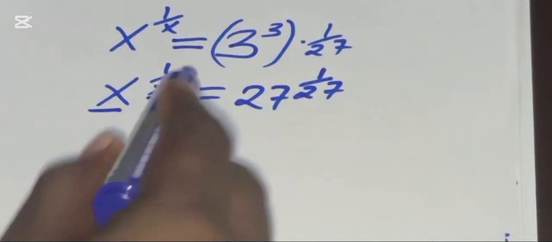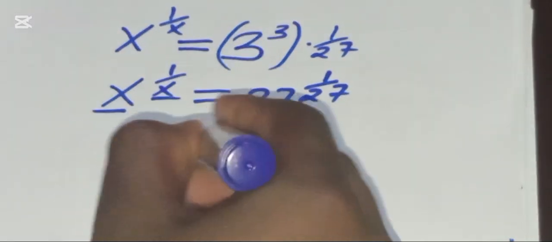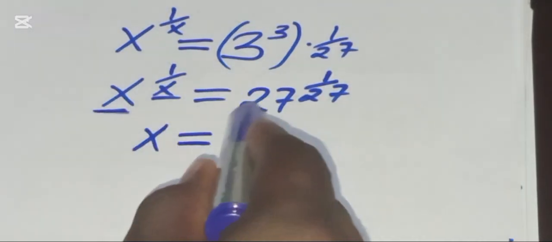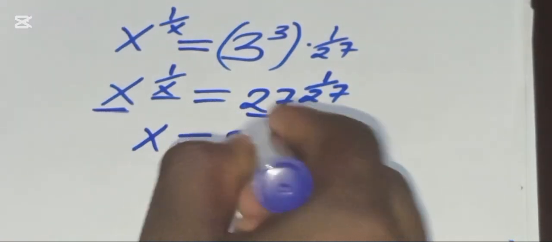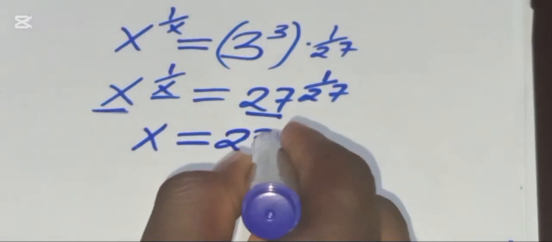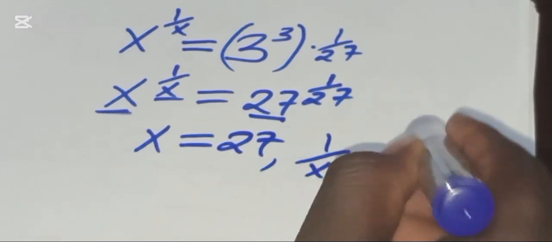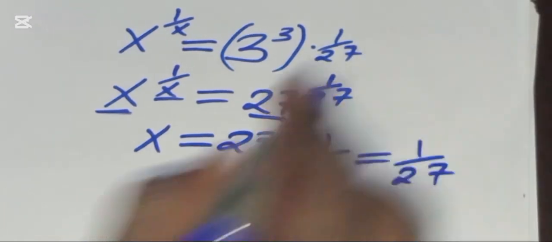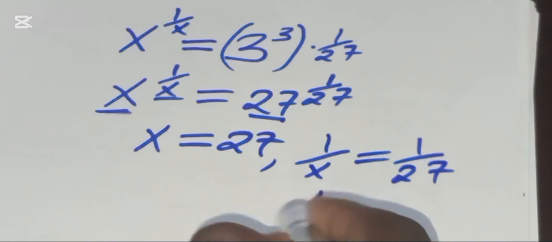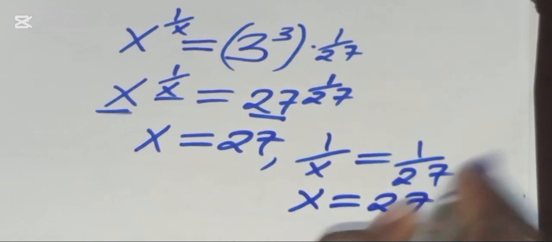So the base is the same, and the value of x, if we compare the bases, is 27. And again, if we compare the exponent, that is 1 over x, this is equal to 1 over 27. Okay. So if you cross multiply here, the value of x is still 27.